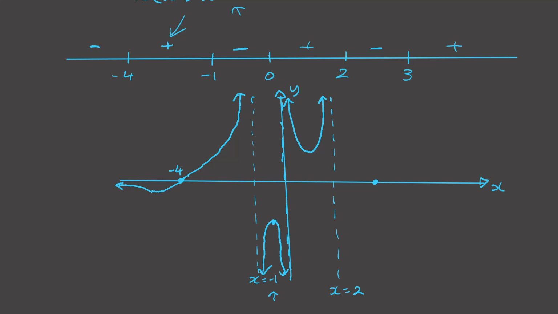Then in the final section, we've got the same sort of situation that we had over here. It's going to be negative up until the intercept at 3. So it must come in from the asymptote. And then the x-axis must be a horizontal asymptote. So it must take a maximum and then go back downwards towards the asymptote.